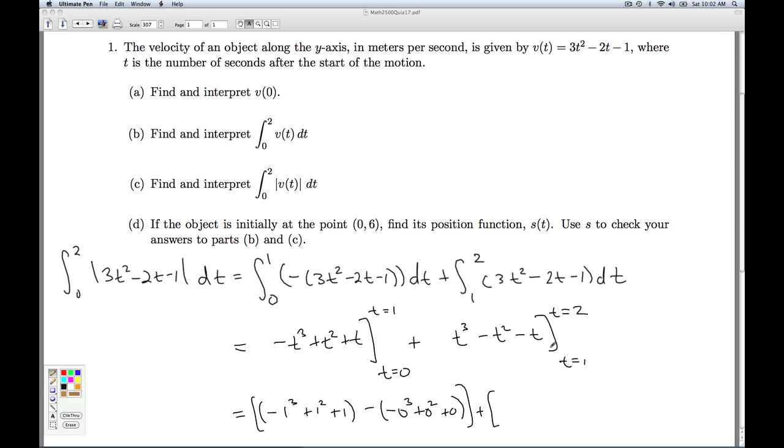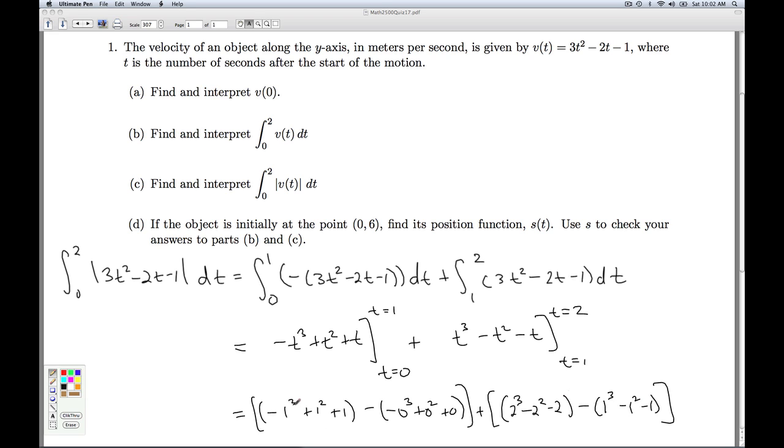And I'm adding to that, plug in t equals 2: 2 cubed minus 2 squared minus 2. I'm going to match my grouping symbols up here. Minus, plug in 1: 1 cubed minus 1 squared minus 1.